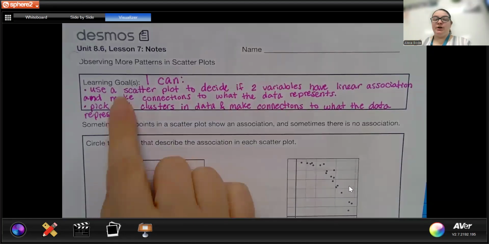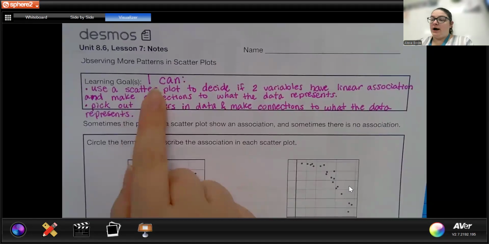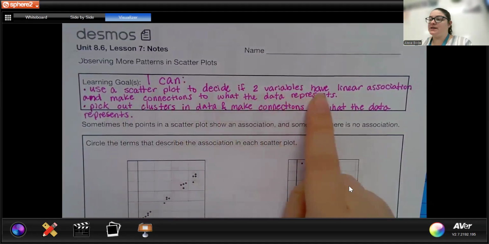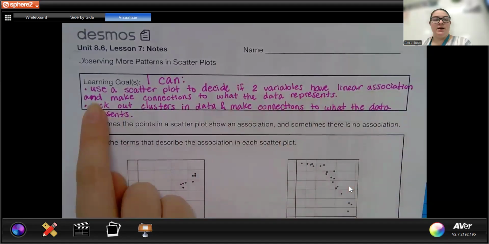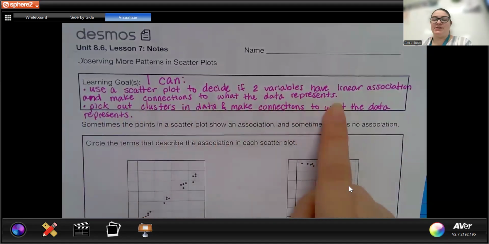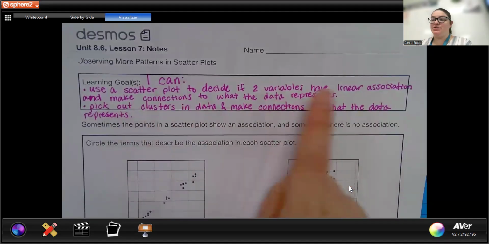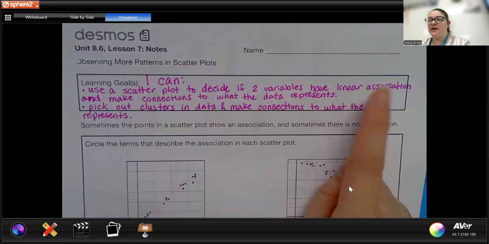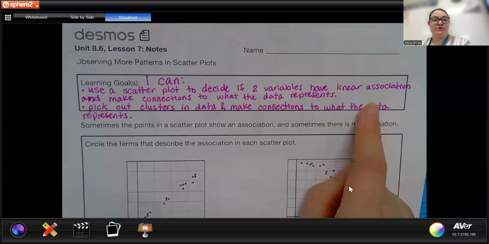So our learning goals for tomorrow are: I can use a scatter plot to decide if two variables have linear association and make connections to what the data represents. That's kind of like what we did today. We determined if they have a linear or nonlinear association a little bit in our warm-ups. And we also determined whether that association was positive, negative, or no association.